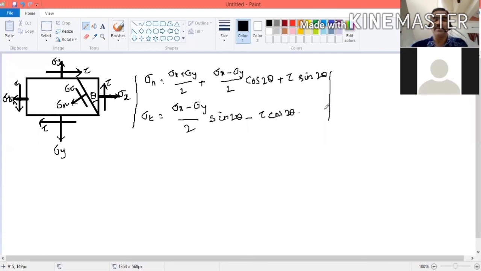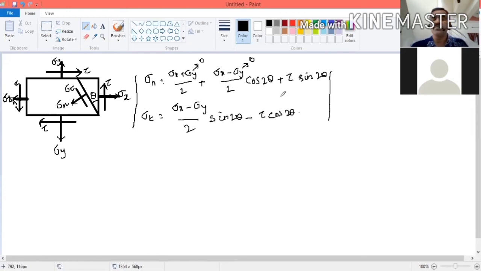At any plane. So in this equation, if sigma y is not known, not given, you can substitute sigma y is equal to 0. If the point consists of sigma x and tau, there is no sigma y, then you can put sigma y equal to 0. For example, if tau is not there, then you put tau equal to 0.